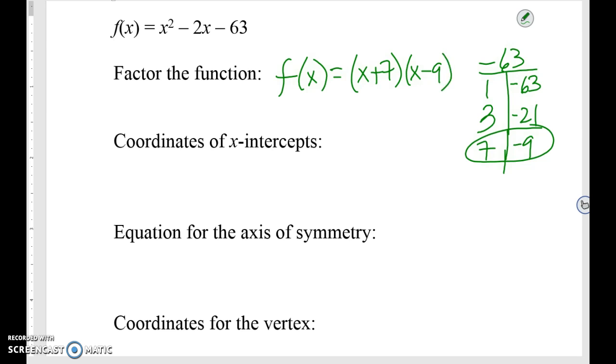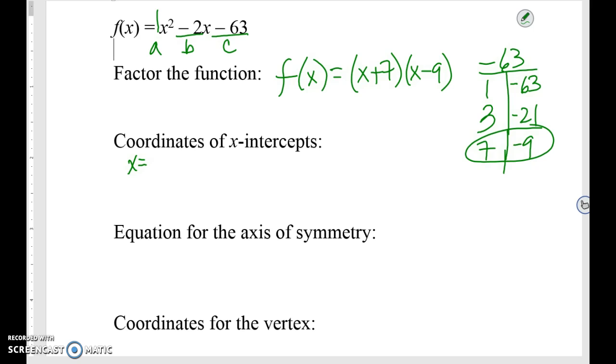Now, coordinates of the intercepts, I want to use the quadratic formula instead of the average of this, just to see if I get the same thing. So here, I'm going to do x equals, my a is 1, my b is negative 2, my c is negative 63.